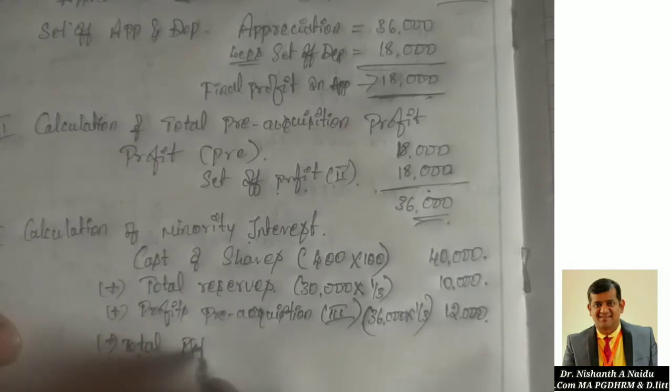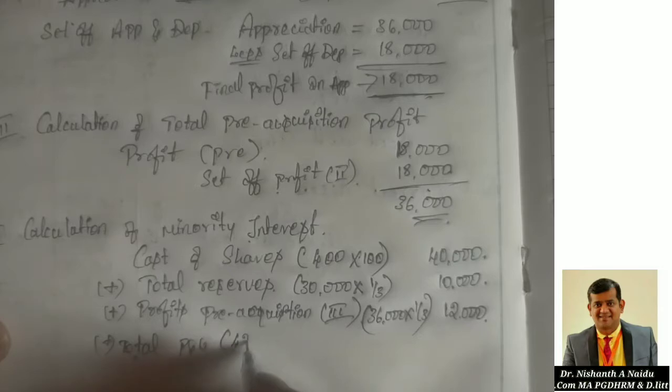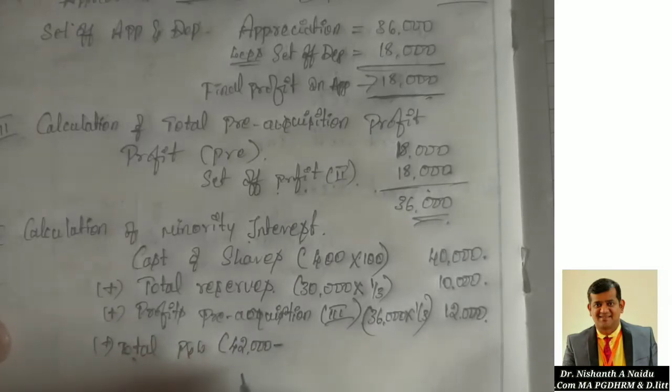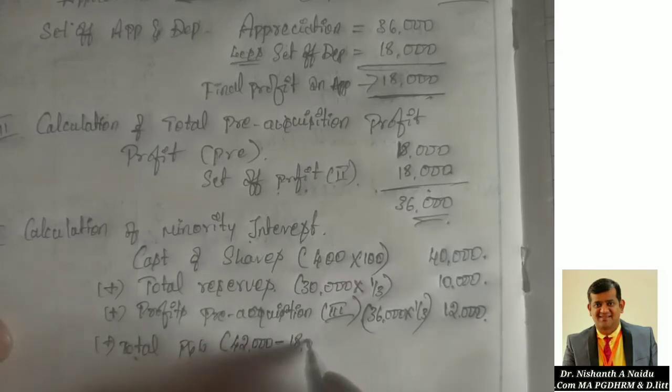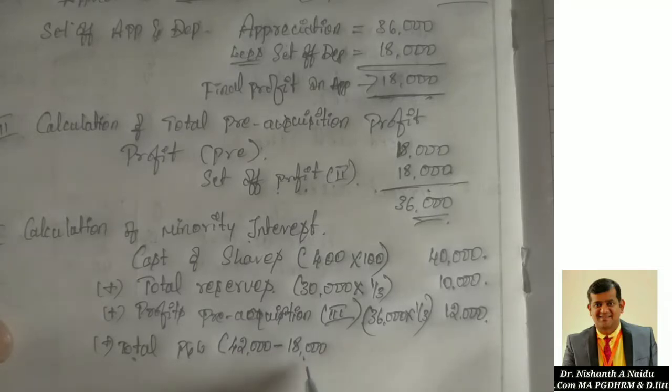So next, add the total P&L account. How much is given in the P&L account? Go to the balance sheet and check S Company Limited. The P&L account balance he has given is 42,000 minus 18,000 rupees, which has been given in the adjustment.